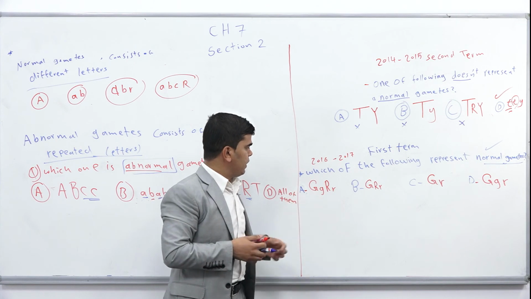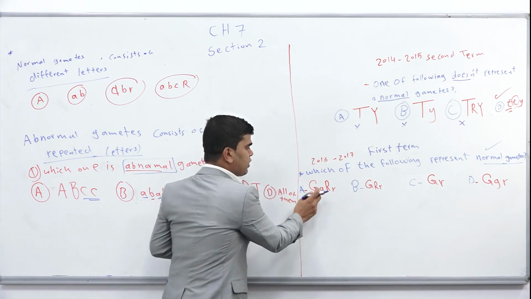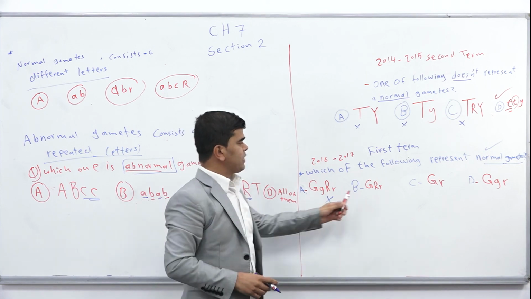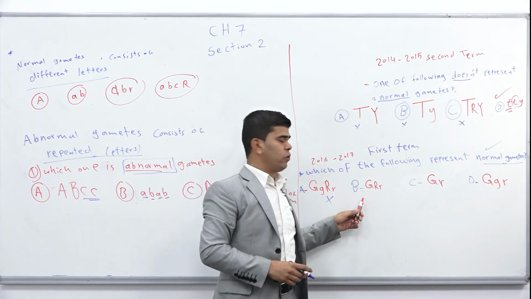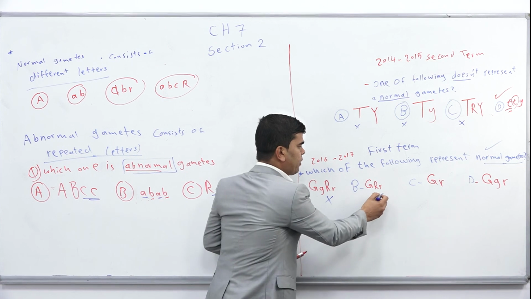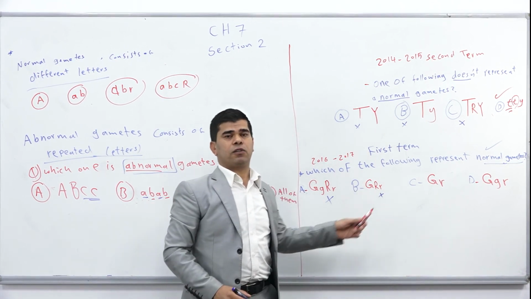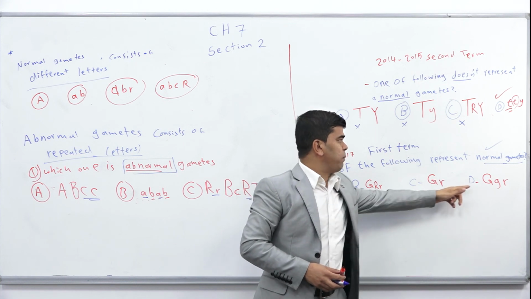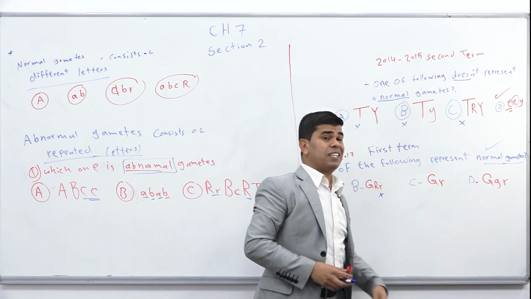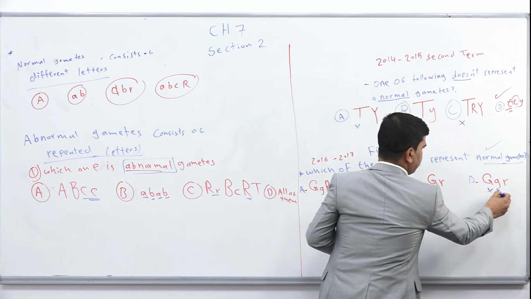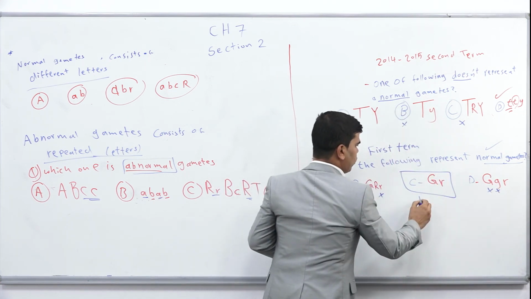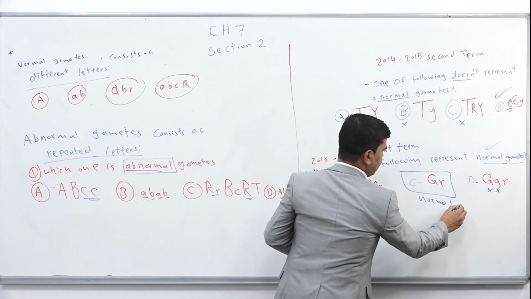No. Why? Because it contains double G and double R. It's not normal. Is this one normal? No. Why? Because it contains R capital and R small. What about this one? It contains double G. It doesn't represent a normal gamete. So this is the normal gamete.